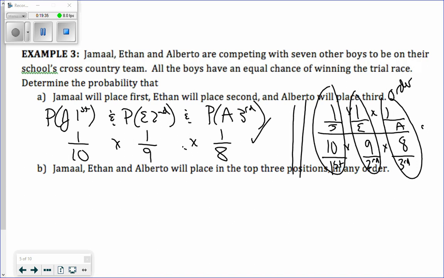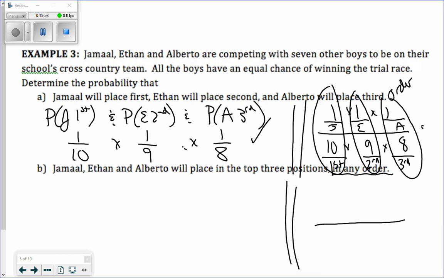Jamal, Ethan, Alberto will place in the top 3 positions in any order. So, okay. Because it says in any order, I immediately think now that this is a combination question, right?